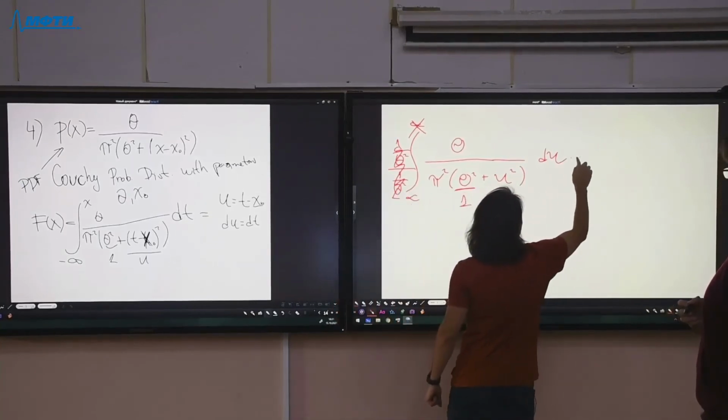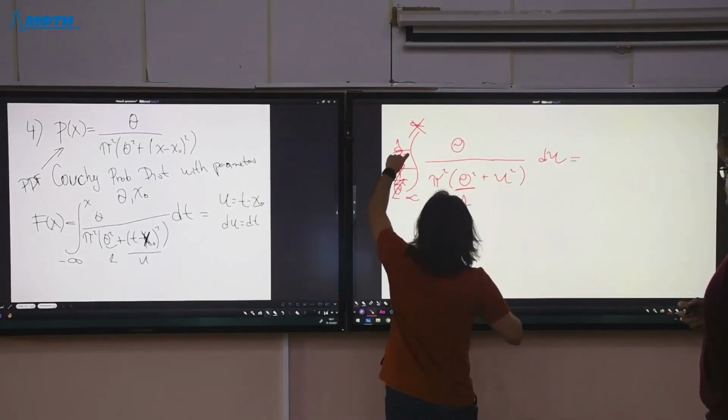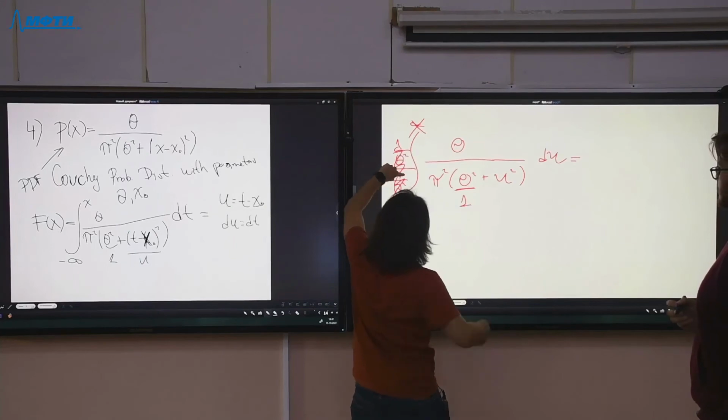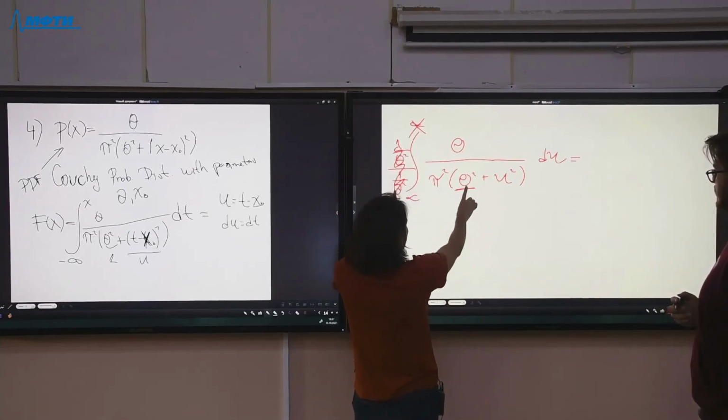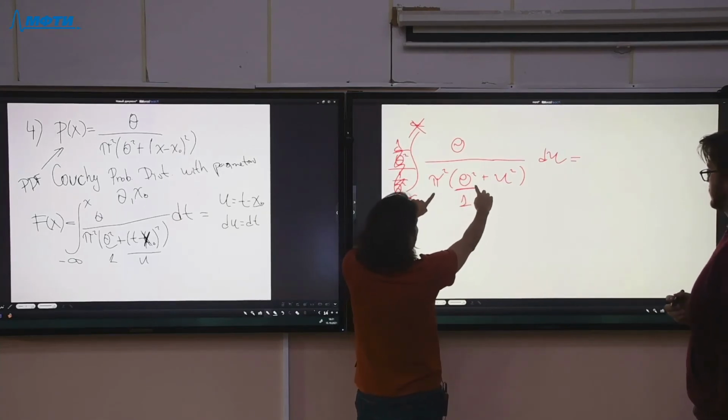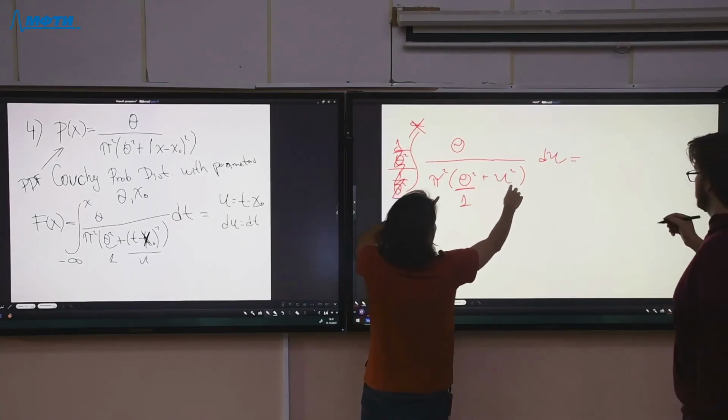So what do we get in this case? We multiply this by all of this. So we get 1 plus u squared over theta squared.